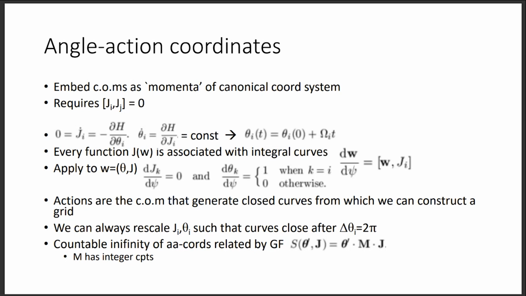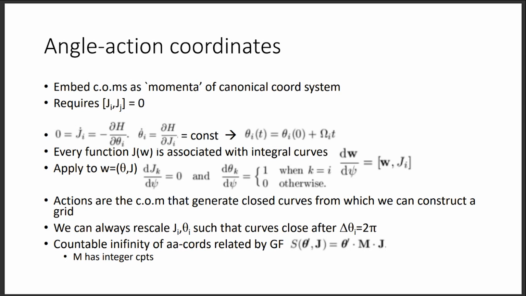Now, any old function, nothing special, generates a flow through phase space by this rule. So let's ask what kind of curve j generates.